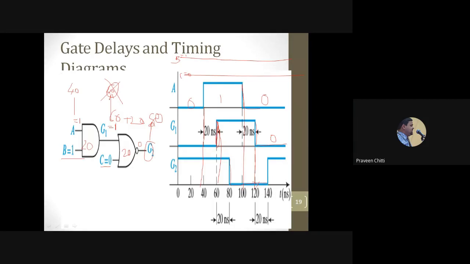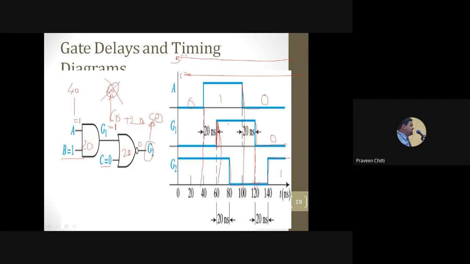Why till 140? Because at 120, input G1 had changed, so to that you have to add another 20. And at 140, it should become 1. So this is how the gate delay will have effect on the timing diagram of a particular circuit. I hope it is clear.